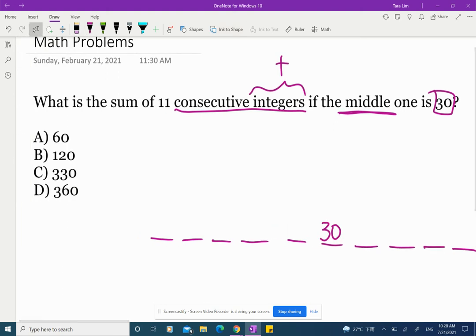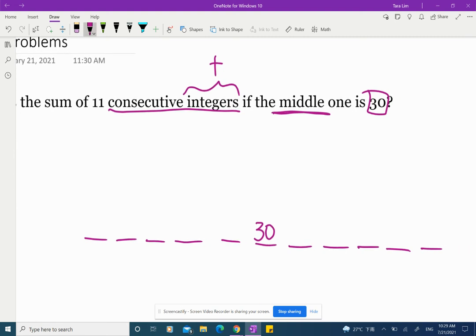Now it says 11 consecutive integers. Now it didn't say it's consecutive even integers. If it's even, it's going to be 32, 34. There's an even number. And if it says it's odd number, it's 31 and then 33, something like that. But it didn't say if it's even or odd.